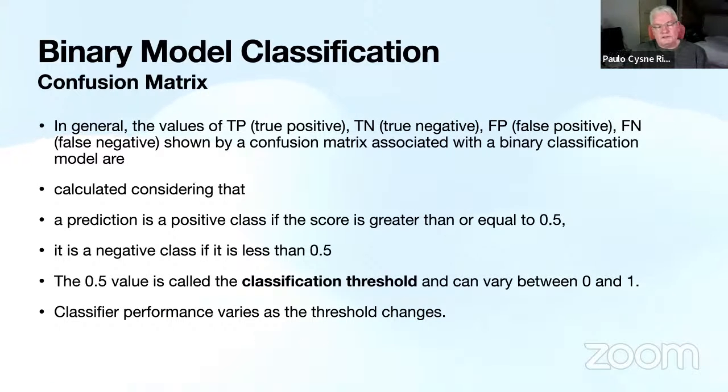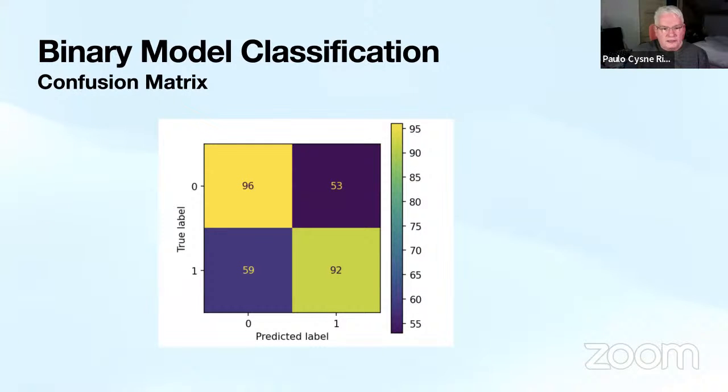So what are true positive, true negative, false positive, and false negative in the confusion matrix that we have just seen? I will go back here. In the case of 96, the yellow one, the true label is 0.